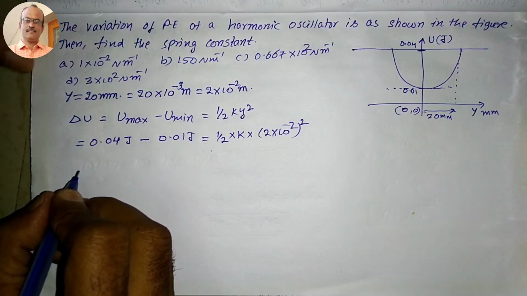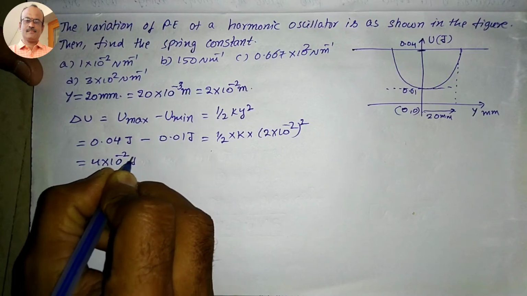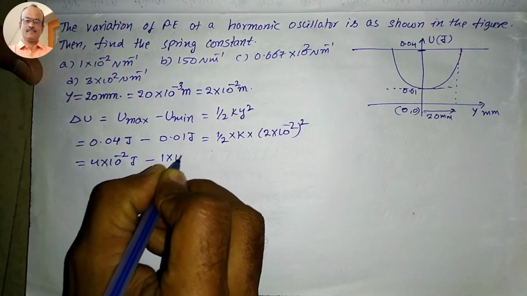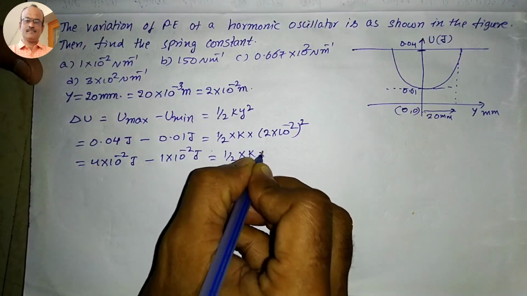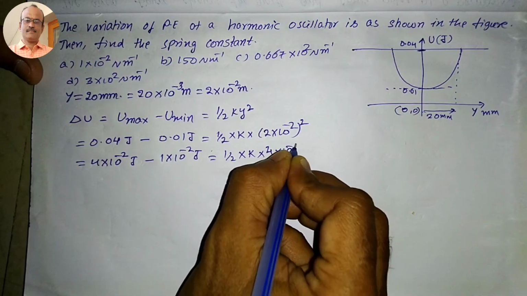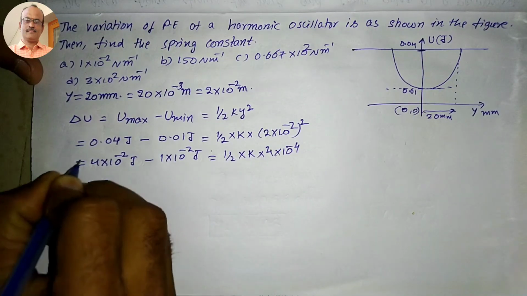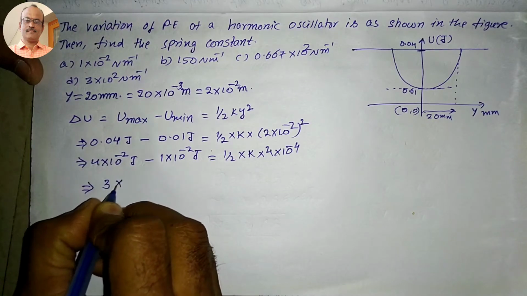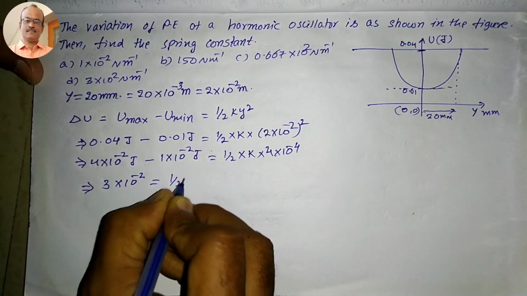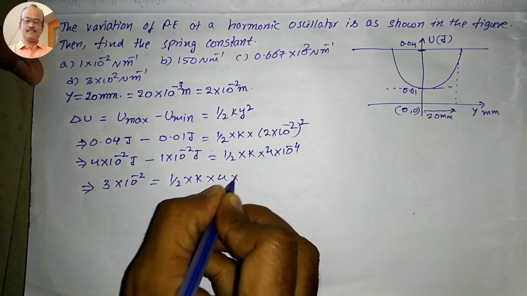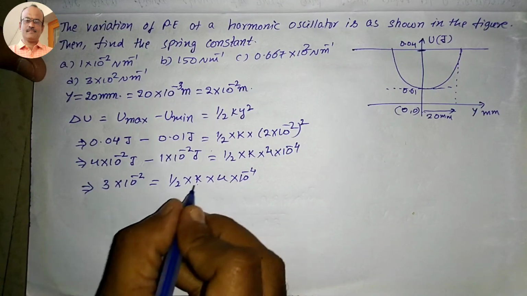But one thing to remember, this is 4 into 10 to the power of minus 2 joules minus 1 into 10 to the power of minus 2 joules is equal to half into k into 4 into 10 to the power of minus 4. So 4 minus 1, how much here? 3 into 10 to the power of minus 2 is equal to half into k into 4 into 10 to the power of minus 4. So that means k, the required k value.